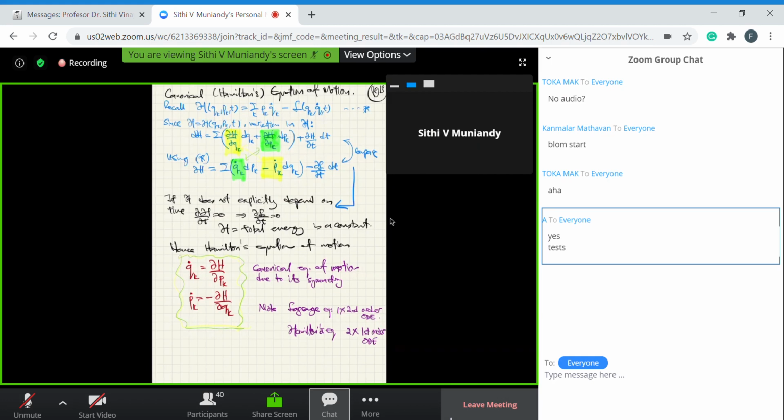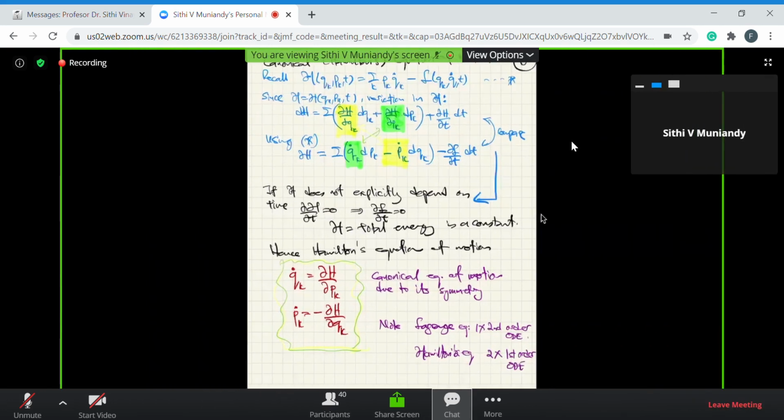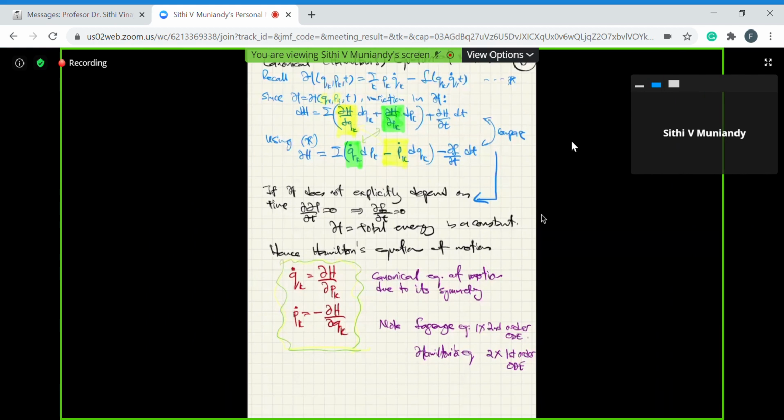I will quickly explain. First, we assume that the Hamiltonian depends on position, it depends on momenta, and it depends on time. So any change in the Hamiltonian will be the sum of changes that come from H due to q, the change in H due to p, and the change in H due to time.